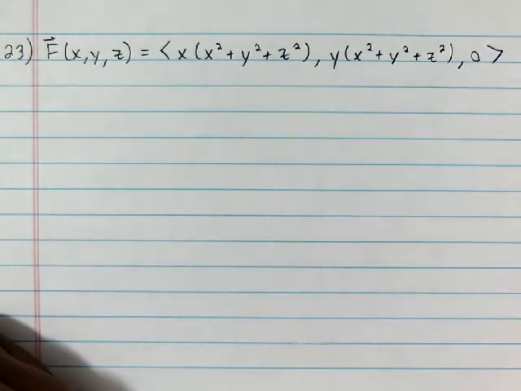So that's our vector field. And they tell us sigma is the sphere x squared plus y squared plus z squared equals 9.